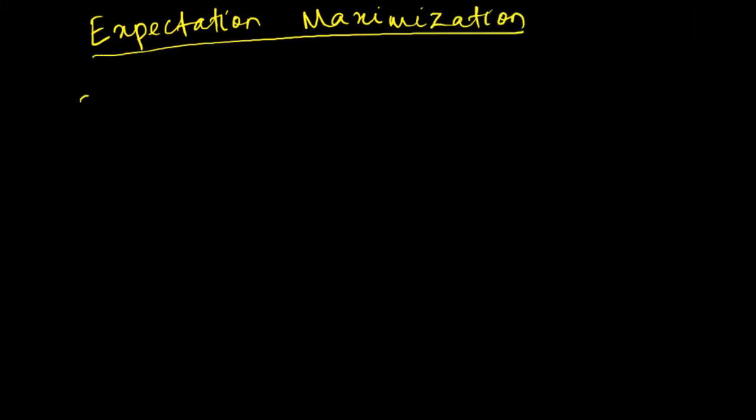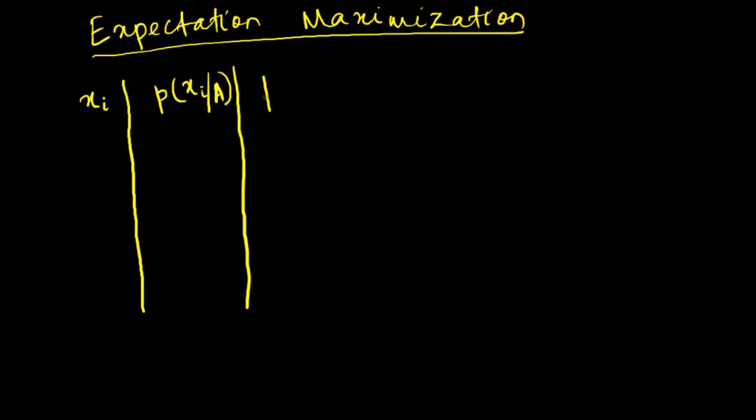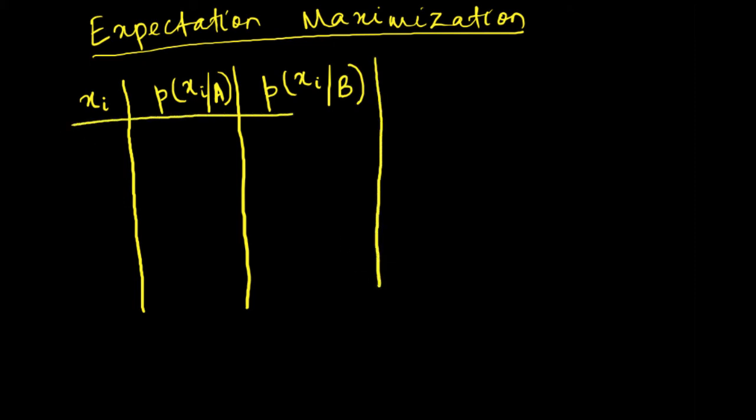So you have your xi values in one column. Then you have your probability of xi given A. Then you have your probability of xi given B. And then you will have some other values which I am going to introduce shortly after filling up the known values.